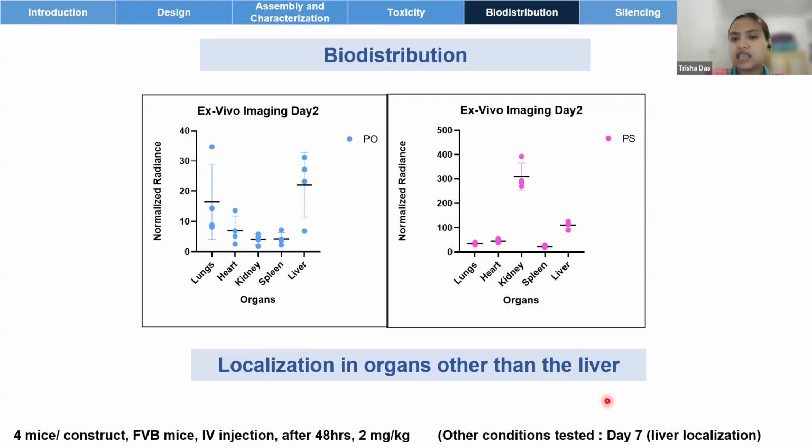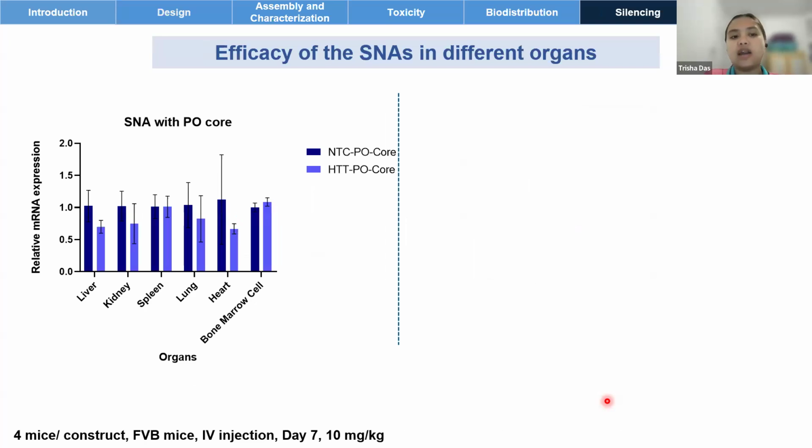With this in mind, since we want to check how good they are as an siRNA delivery platform, we look at the relative mRNA expression of the Huntington gene, the Huntingtin mRNA, which we express in the whole body.